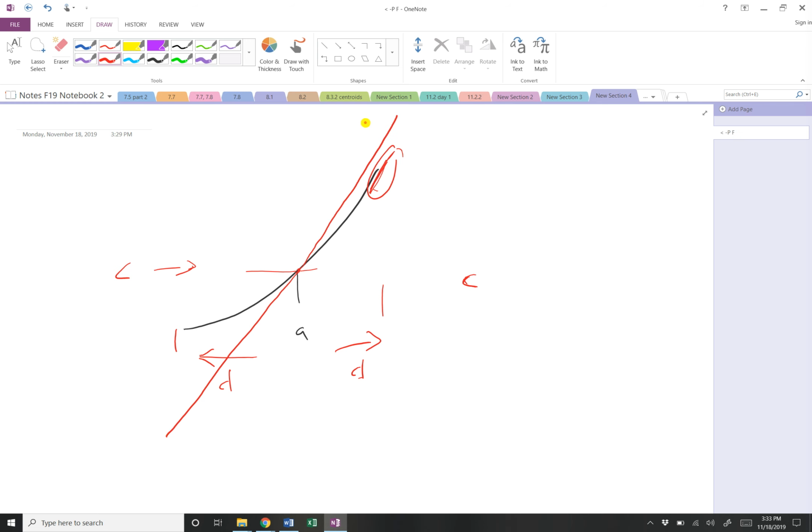Notice I'm higher here and lower here than my actual function. I have to be, because I found the highest rate at which it's changing on that interval. If it changes at a lower rate than that, then it can't reach up to this level and it can't get down to this level. And so the most we could be off is this distance here.